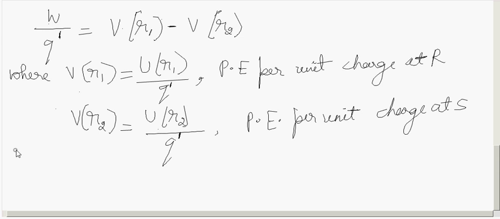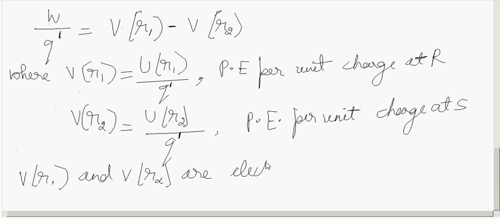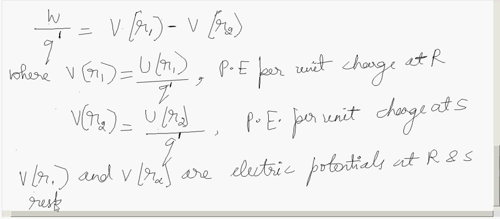So we can write V of R1 and V of R2 are electric potentials at points R and S respectively.